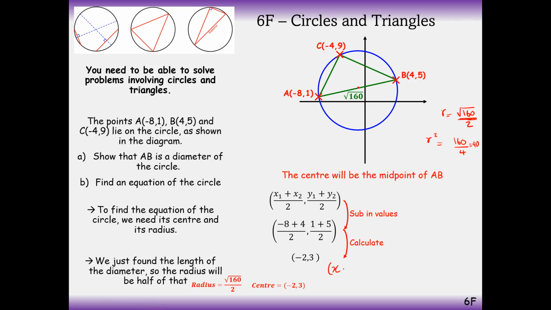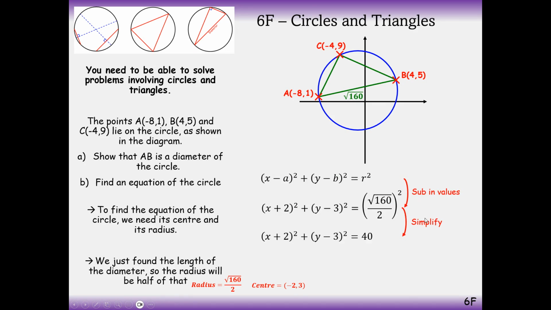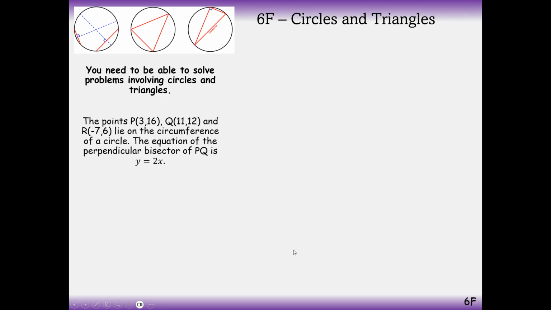You write x minus a -2 makes a +2, and you put a square on it, and then you write y minus 3, and you put a square on it, and that equals r squared. What's r squared? r squared is 40. All right, so that's this example done.